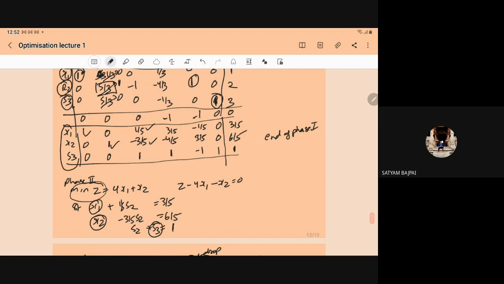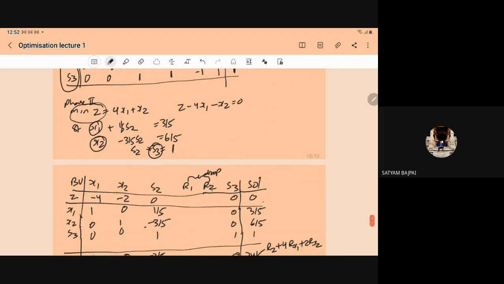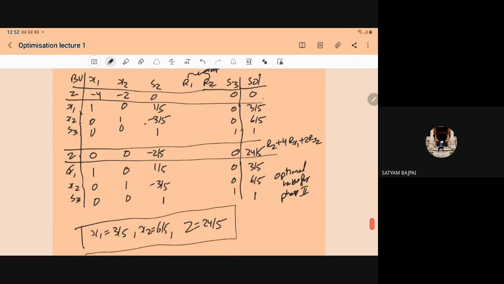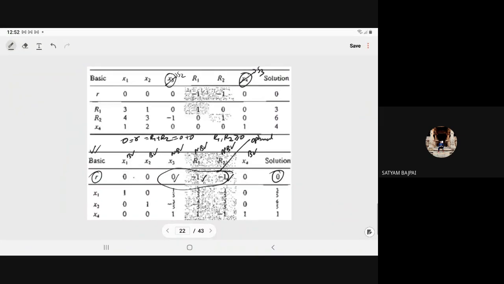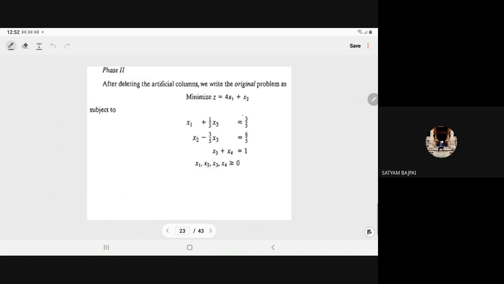What variable can be the initial basic variable for the phase 2, which you are not able to get in the very first table from the original problem? So that is the utility of phase 1. Phase 1 will give you what can be the initial basic feasible variable for the phase 2.